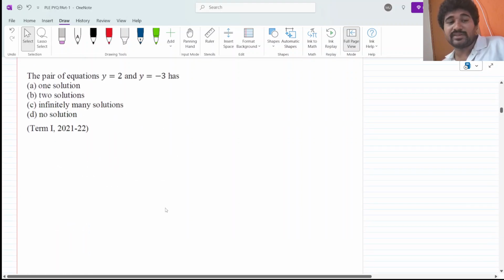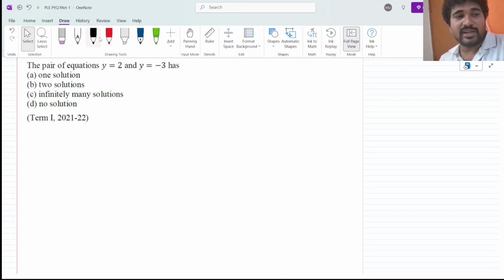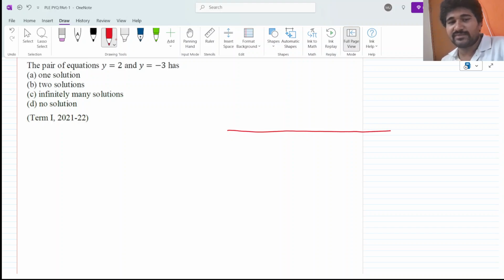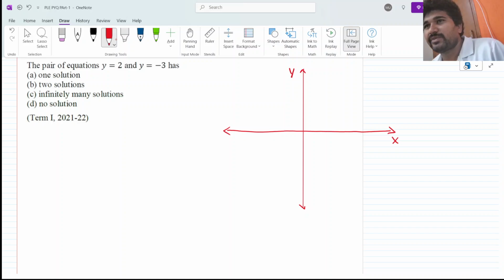Next question. This is what I want to know. Let me explain. Let me take the coordinate axes. This is which axis? X axis. This is which axis? Y axis. Clear for everybody? Now I have to indicate the values on the axes. On the x-axis: 1, 2, 3, 4, 5.